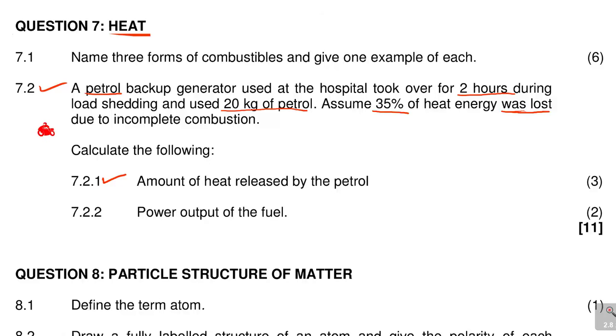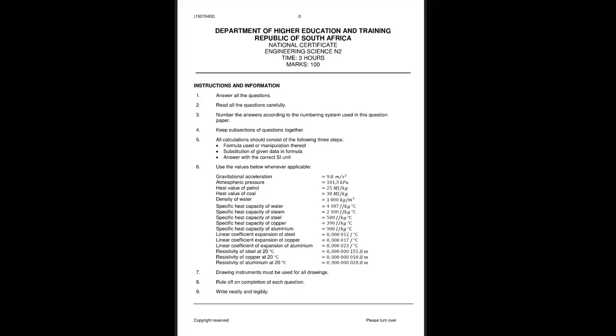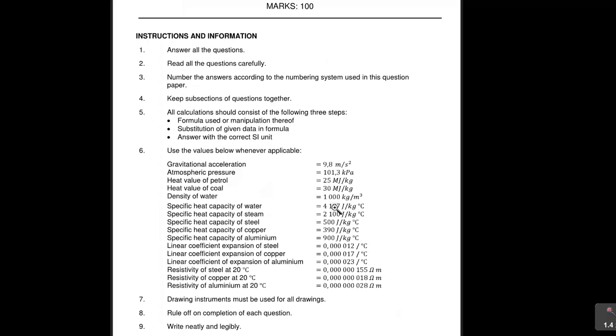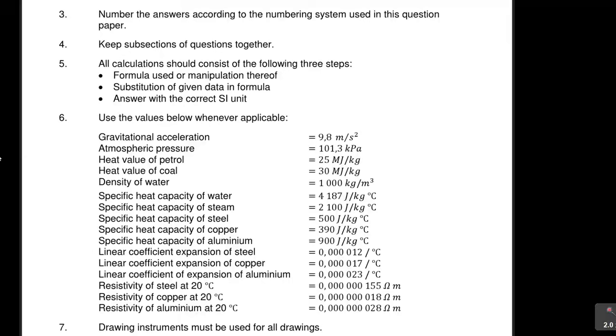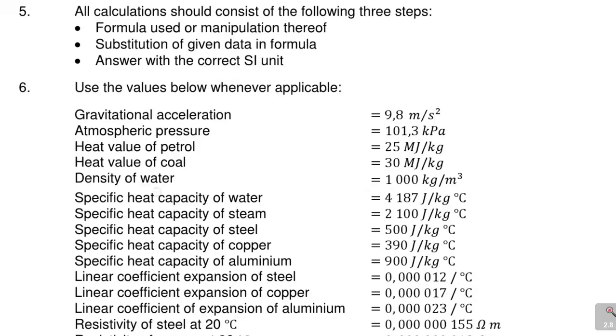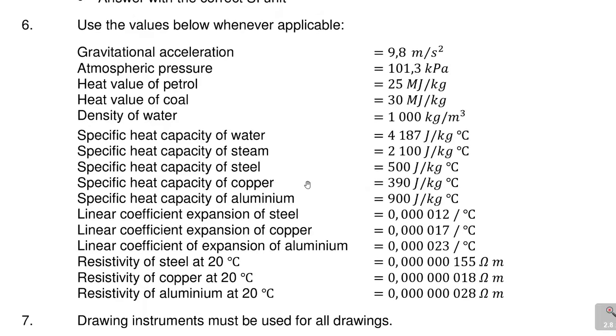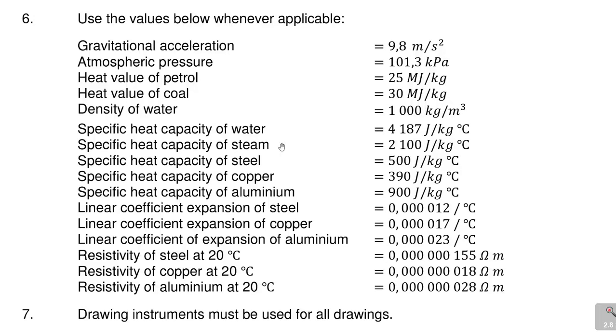So you have the formula sheet as well as the constants and the information sheet. I'm just going to show you most of the things that you are going to find in the information sheet. So this is my information sheet, and it is very important for you to be familiar with this, especially when it comes to number 6 where we got a lot of values.